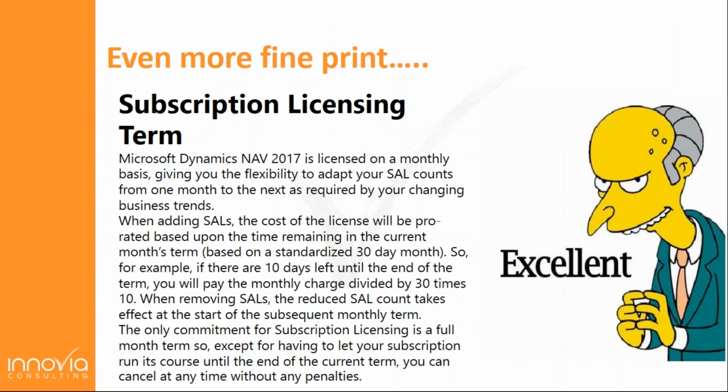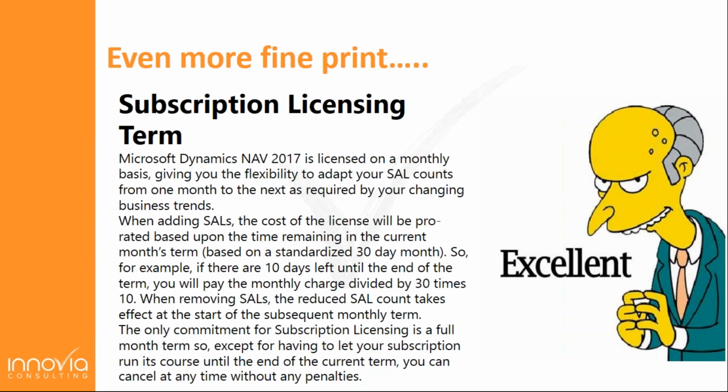And finally, the subscription licensing term. There's actually some good news here, because the subscription licensing model has a lot of flexibility to it. You can have it prorated for adding users, and the only commitment is for a full month term. So once you add a user, your NAV employee count changes.